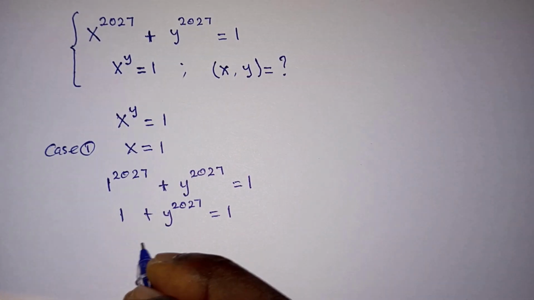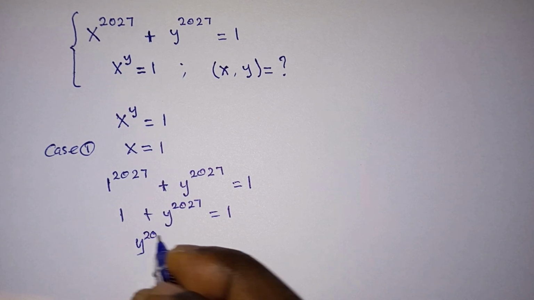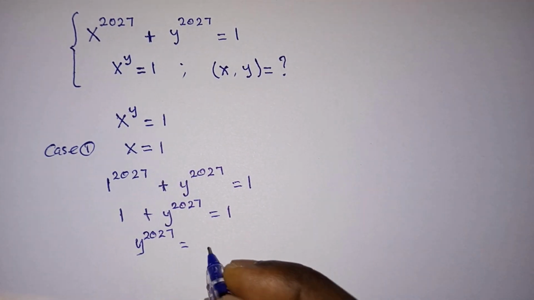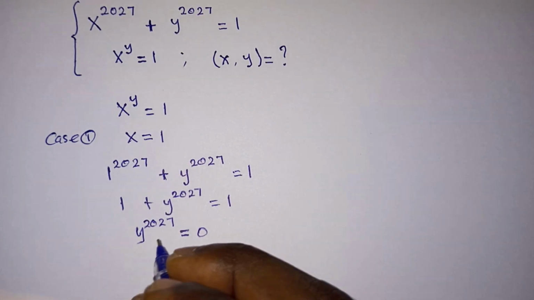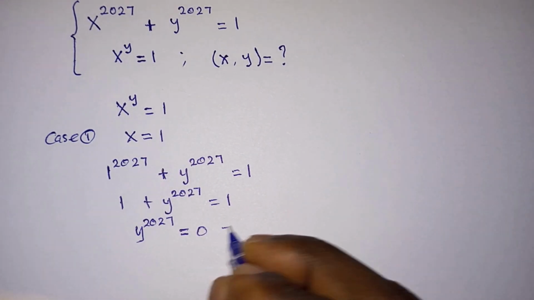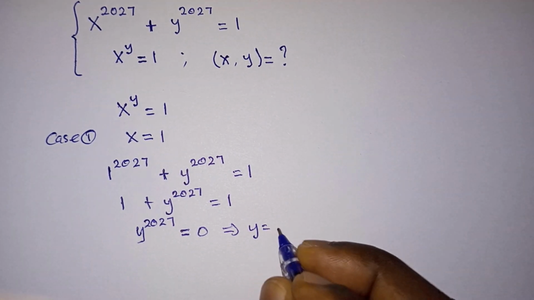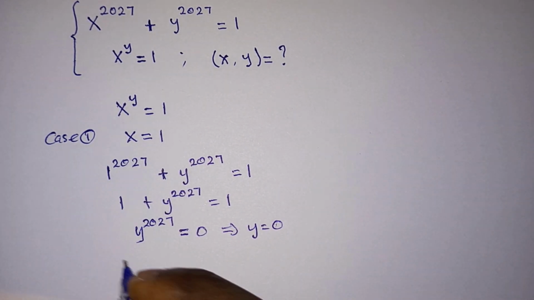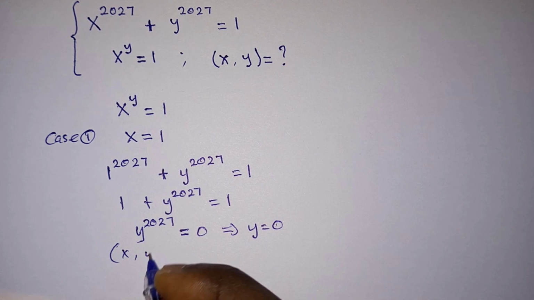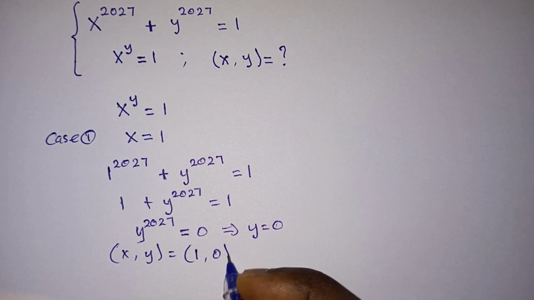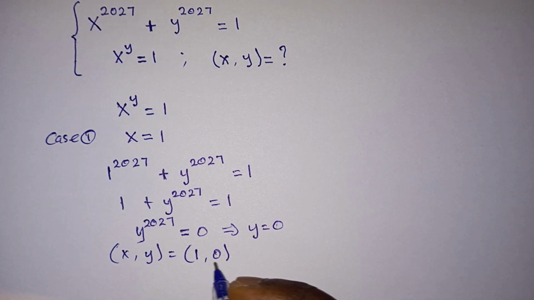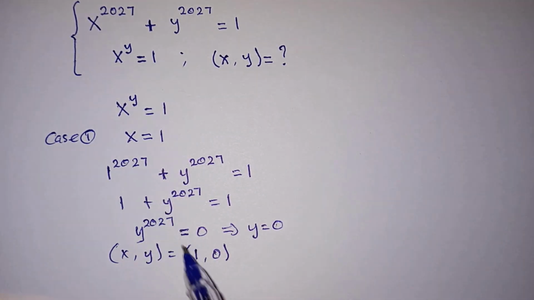And this implies that y to the power 27 is equal to 0. If y to the power 27 is equal to 0, then it means that y is equal to 0. So from this we have x, y is equal to 1, 0. So these are the values of x and y with this first case.